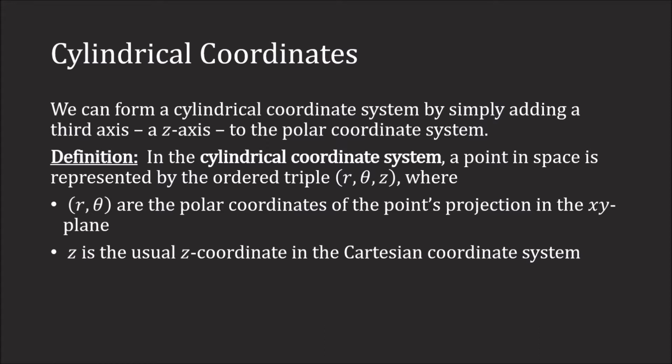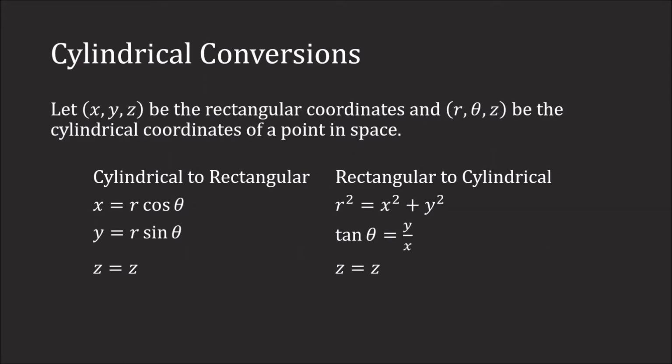So we can use our understanding of the polar coordinate system to develop the following conversions. If x, y, z are the rectangular coordinates of the point, and r, theta, z the cylindrical coordinates of the point, then for the conversion from cylindrical to rectangular, you have three equations: x equals r cosine of theta, y equals r sine of theta, and z equals z.